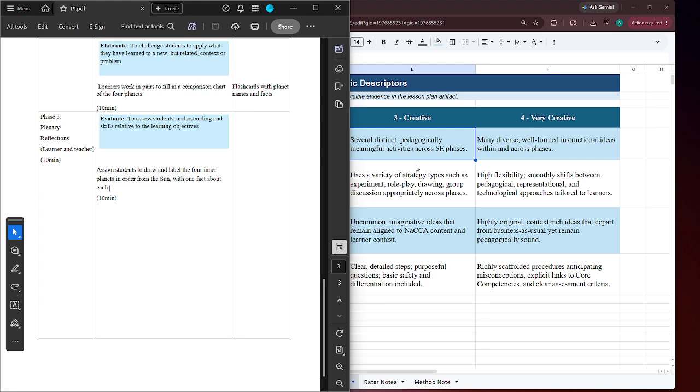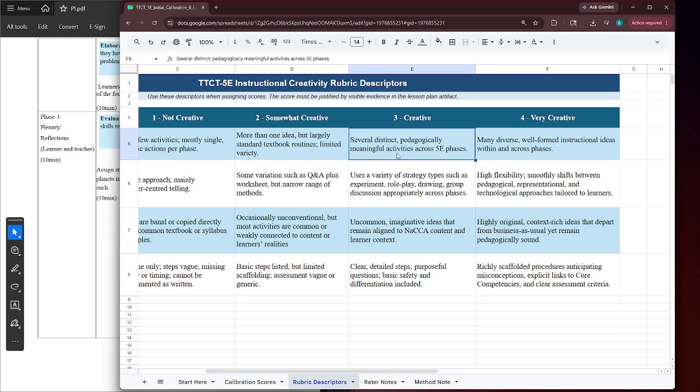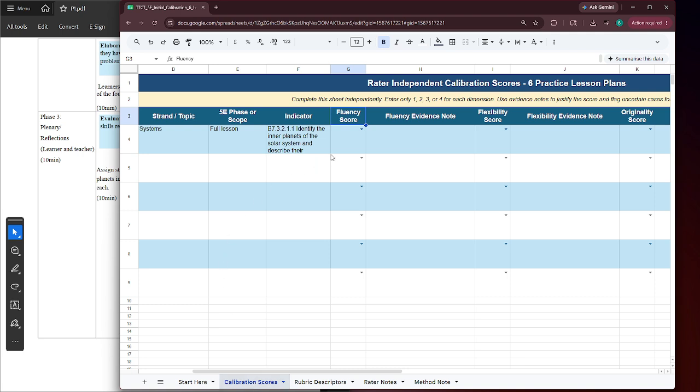So even though there were many diverse activities, we use this one because of activities across the five key phases. So there were several distinct activities across the five key phases. So at this point, I am going to rate this lesson fluency at 3, right?